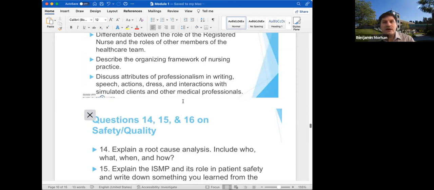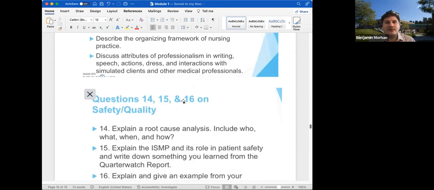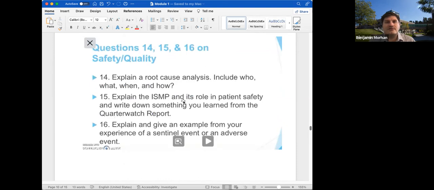You have the charge nurse, the director of nursing, the dietitian. Everyone's reading your notes. So your writing as a registered nurse, your speech, your actions, your dress. Well, we wear uniforms, but everything should exhibit professionalism, the way you act with other personnel as well.